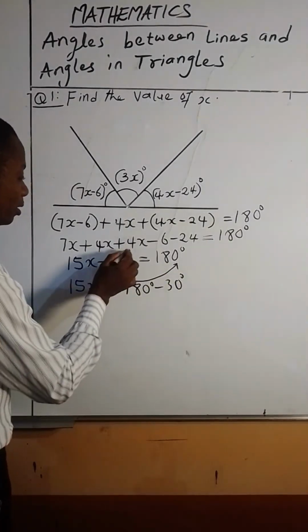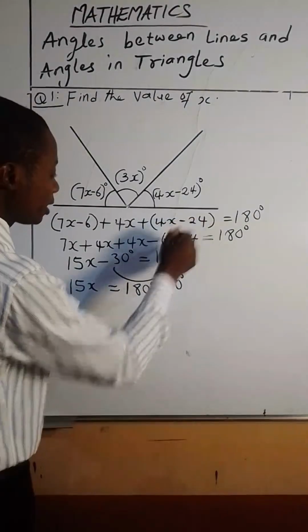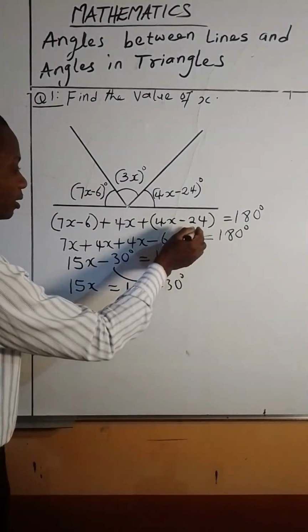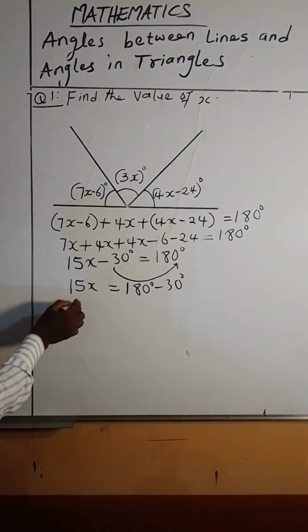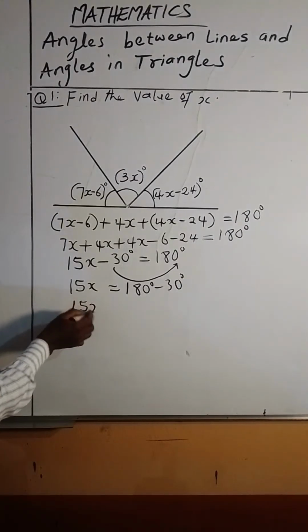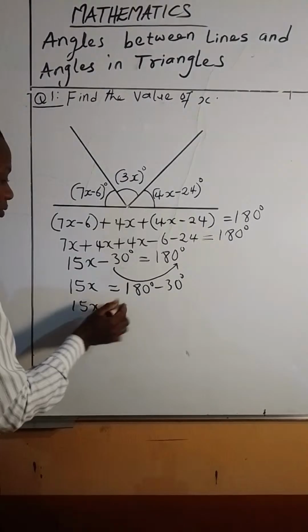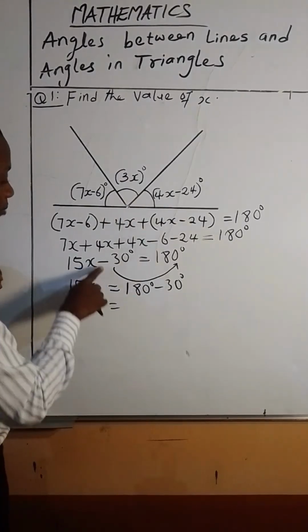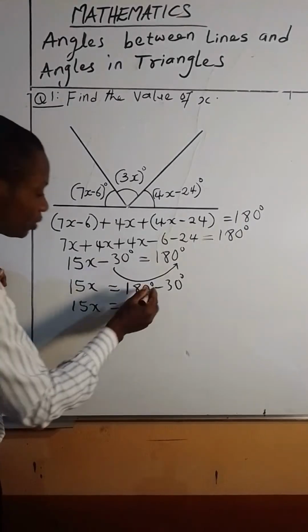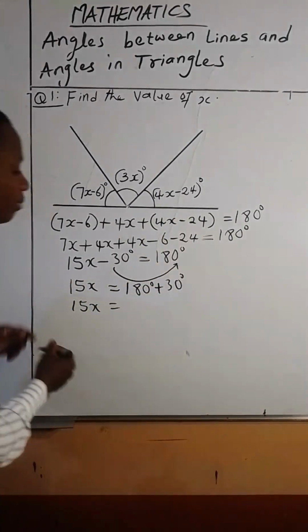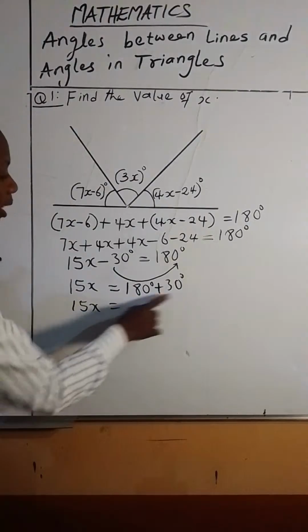Please don't forget they are all in degrees. Everything is in degrees, so you just take note of that, please. When minus is crossing, it changes to plus. So we are making here plus.